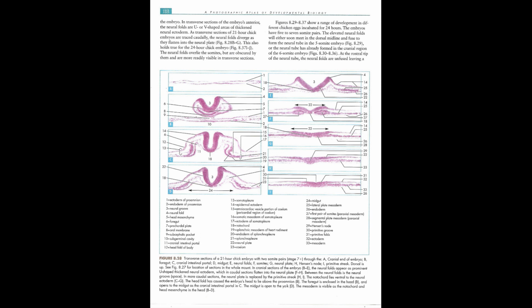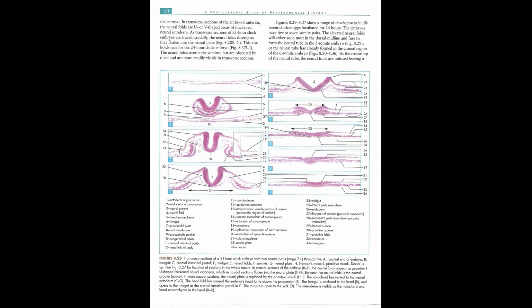This also holds true for the 24-hour chick embryo, Fig 8.37 i-j. The neural folds overlay the somites, but are obscured by them and are more readily visible in transverse sections. Figures 8.29 to 8.37 show a range of development in different chicken eggs incubated for 24 hours. The embryos have 5 to 7 somite pairs.